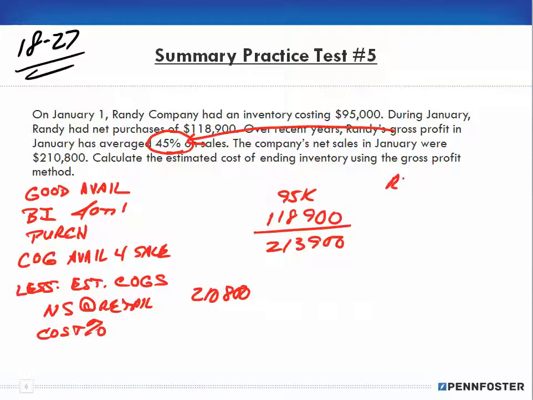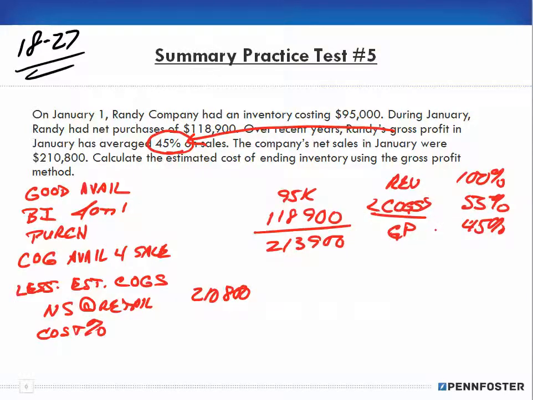Remember, we have revenues less cost of goods sold gives us a gross profit, right? And if we know our revenues are 100% and we know our gross profit is 45%, the difference between the two is 55%.